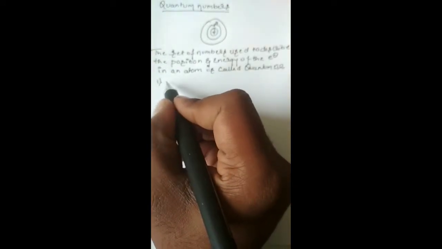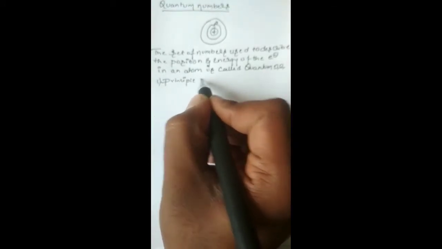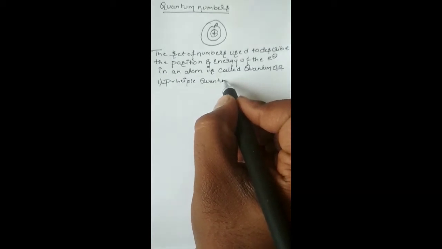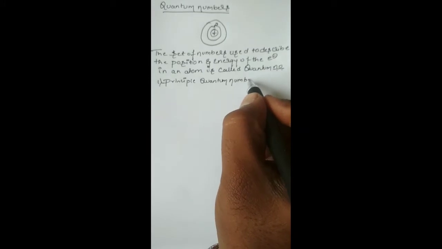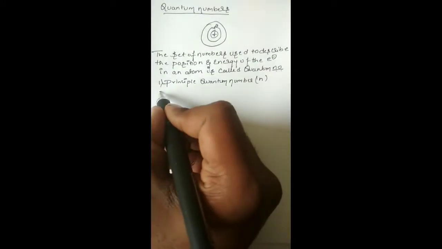Number one, first is the principal quantum number, denoted as small n.